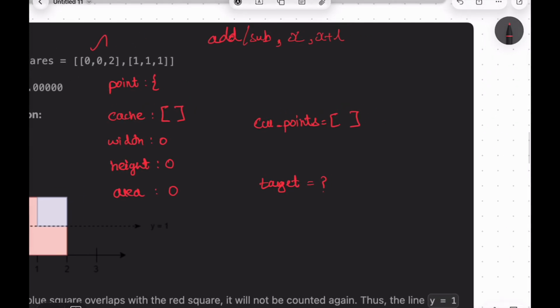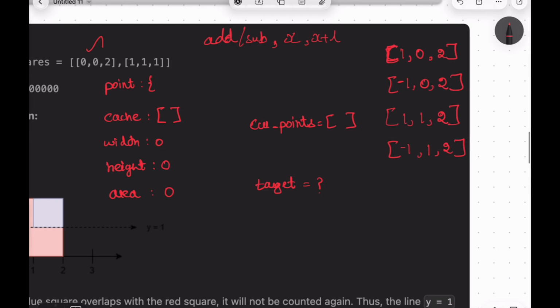So you have to add, which is 1, and you have x value as 0, and x plus l will be 2, right? And you have to subtract, which is -1 and 0 2. And similarly for the next square, this will be 1, and x is 1, and x plus l will be 2, right? And again -1 1 and 2, right?